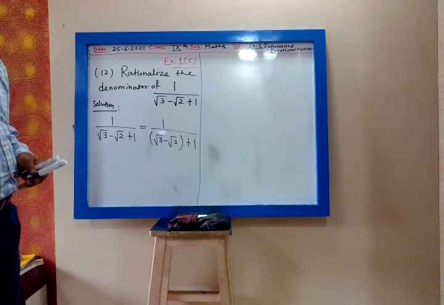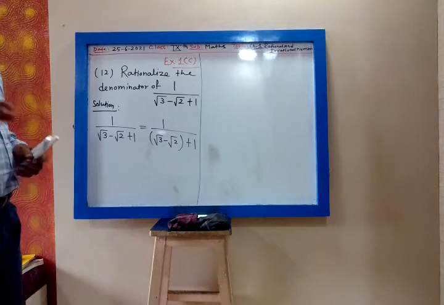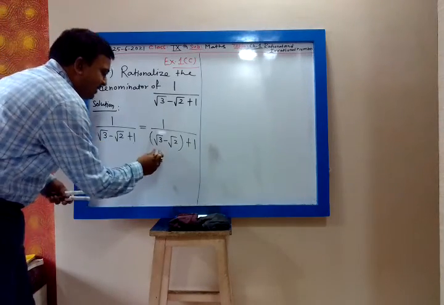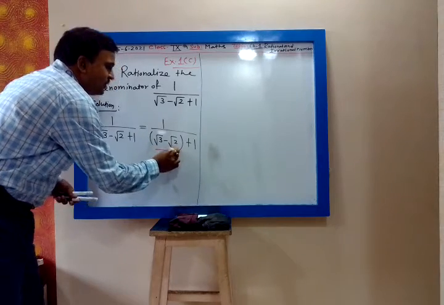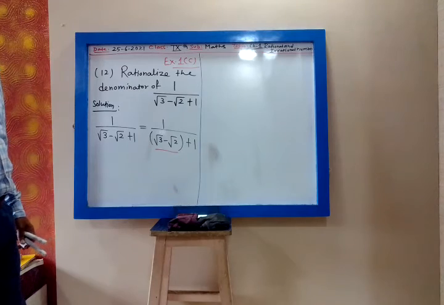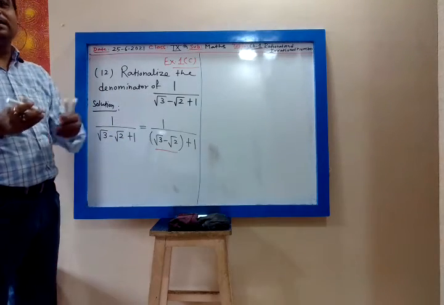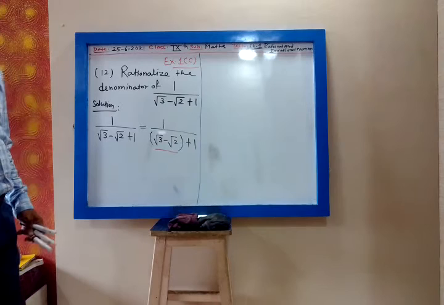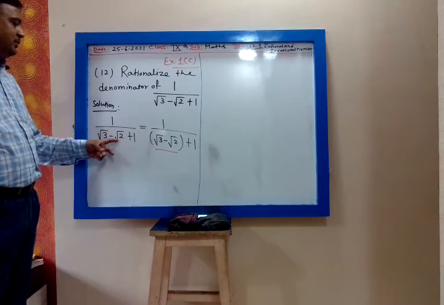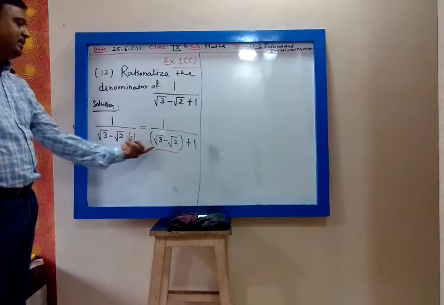Now to rationalize, what is the rationalizing factor? No, my dear, this is now one single number. Root 3 and root 2, they are irrational; I have written them in the bracket.